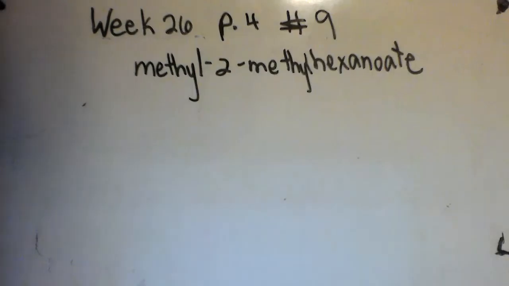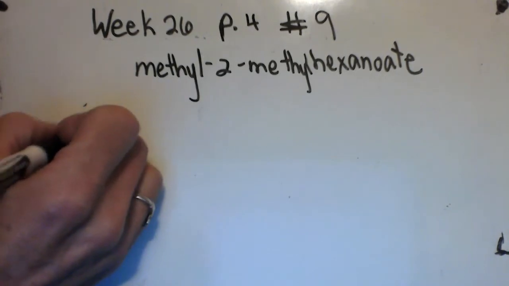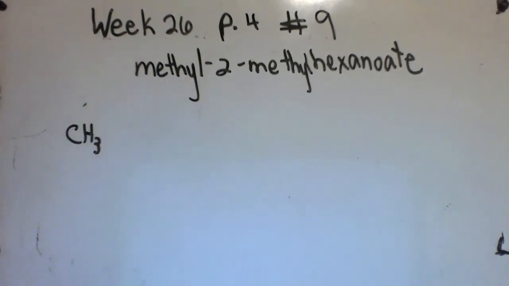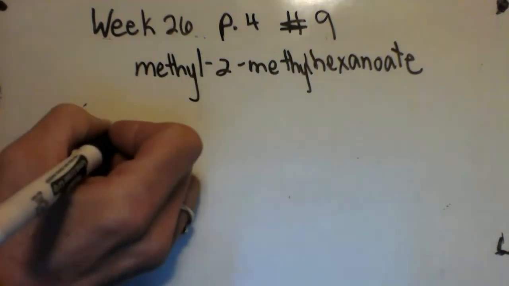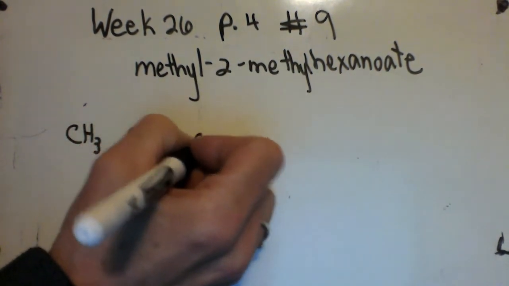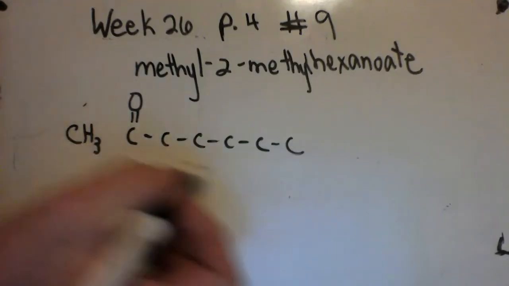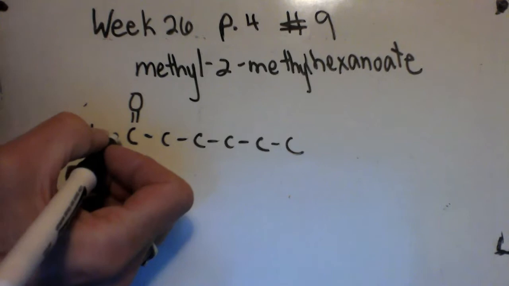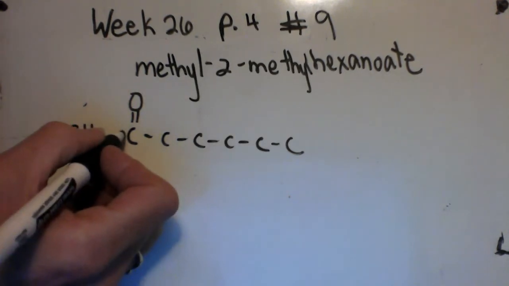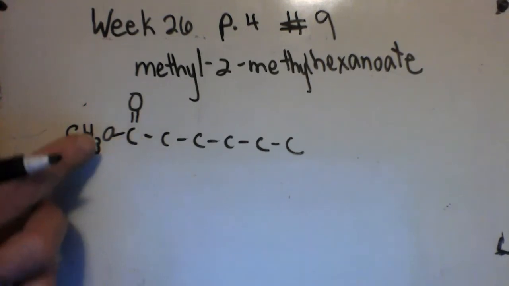So let's draw that out to start with. Here's the methyl group with 1 carbon, CH3. And then the hexane group has 6 carbons. Now this hexane group has to have a carboxyl group at the end where it attaches to the methyl group.